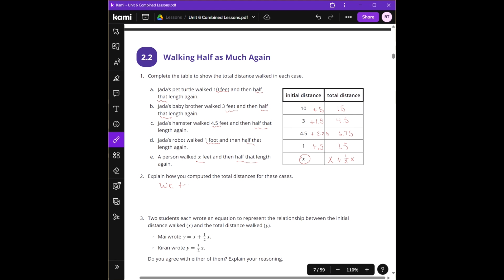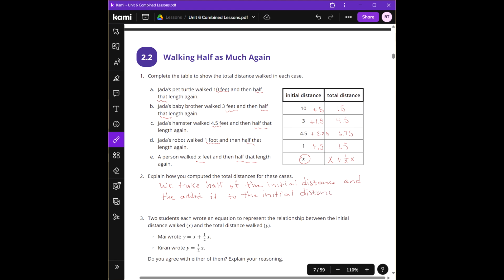We take half of the initial distance and then add it to the initial distance.